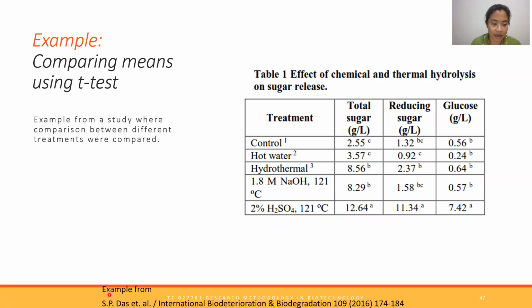Oh, I'm sorry, I forgot to delete this part down here. So this is not a correct reference. Okay. So you probably know already that each of the numbers in this table are average values.